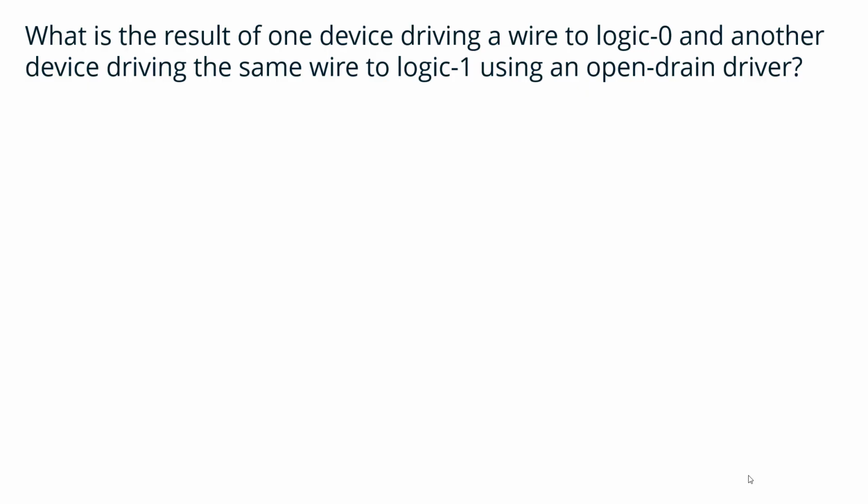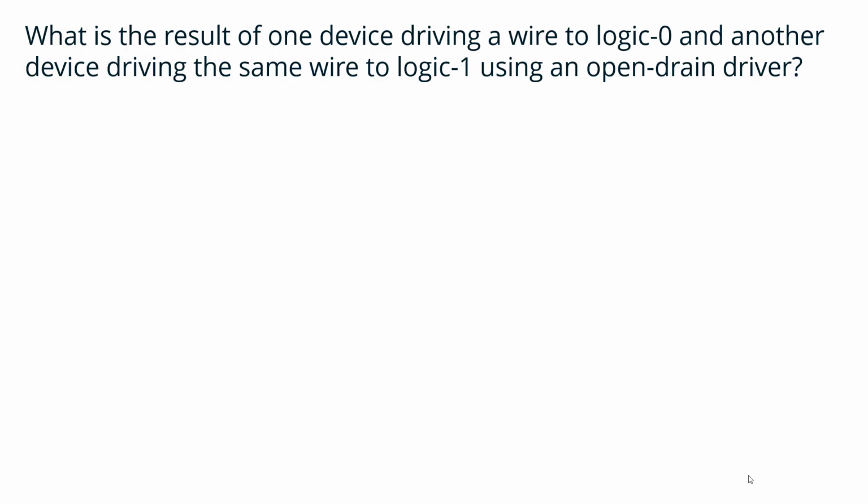If another host on that same wire is setting it to logic 0, then the one whose intent is to set to logic 1 presumably will detect that there's a collision going on, right? I mentioned this in lecture, I don't know exactly what mechanism is used there, but there's some kind of a detection mechanism where I want to set it to 1, so I take my hands off of it, and then I see it go to 0, and I'm like, oh, something's wrong, that shouldn't be 0, I want it to be 1.